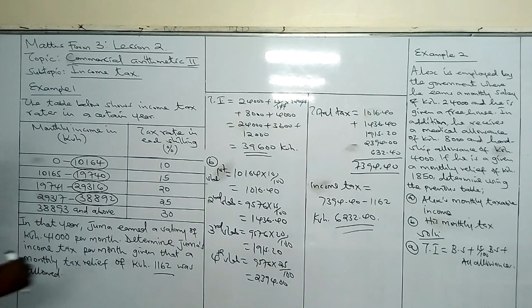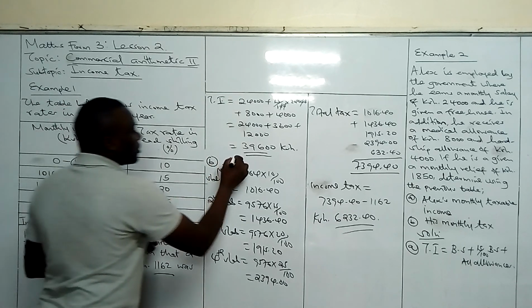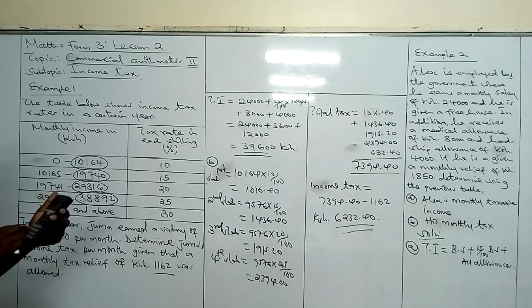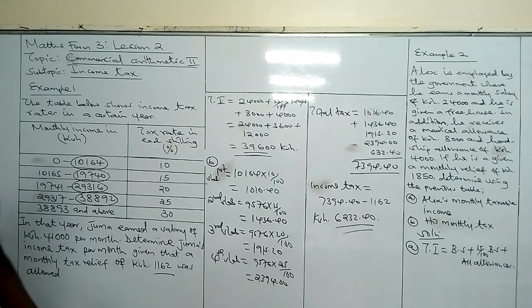Now in our last slab, we will determine anything above 38,892. So we will take our taxable income, which is 39,600, then we subtract that 38,892, we will get 708.